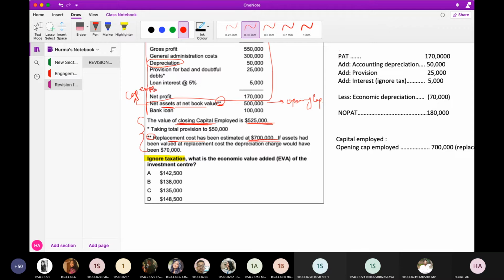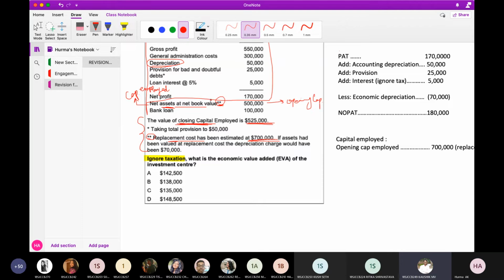If you remember the formula of capital employed we studied when we did the ROCE calculation, return on capital employed, capital employed was equity plus debt. That's one way of calculating. Another way is you take the total assets and minus the current liabilities, so you get net assets. So basically, for all the assets that we have, the book value is 5 lakhs.